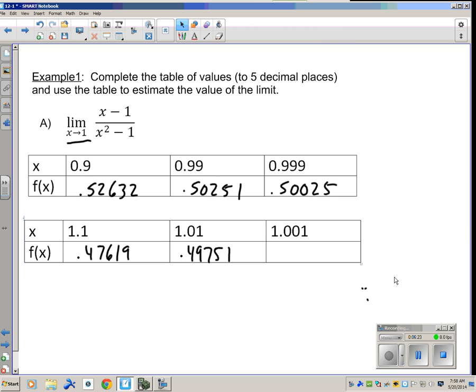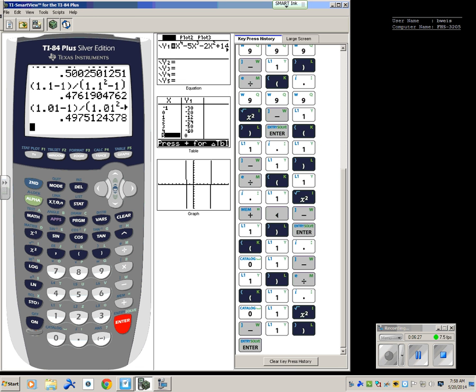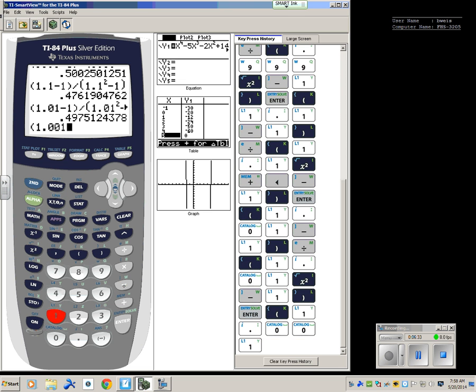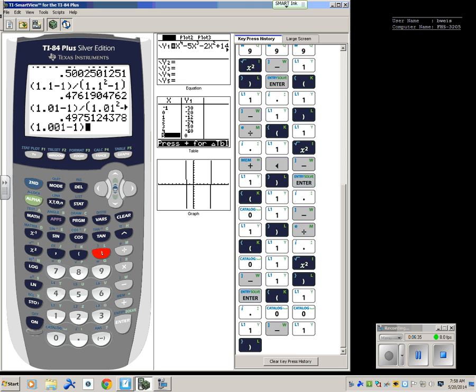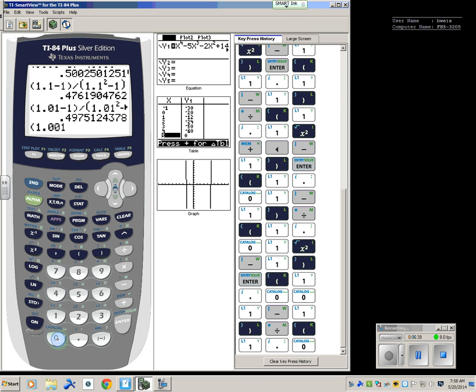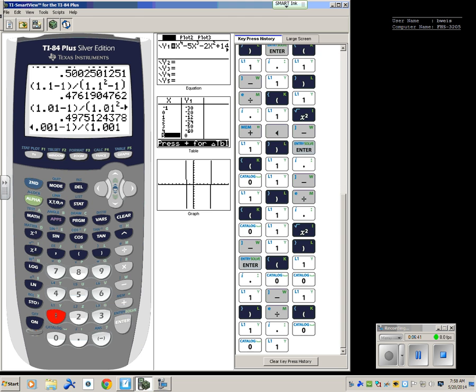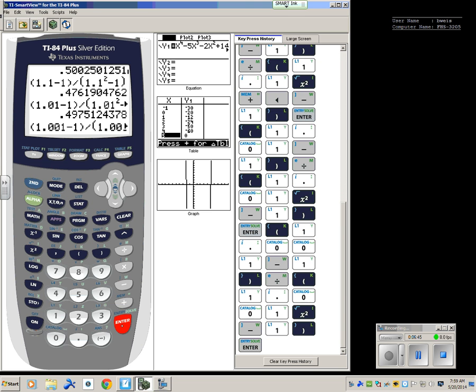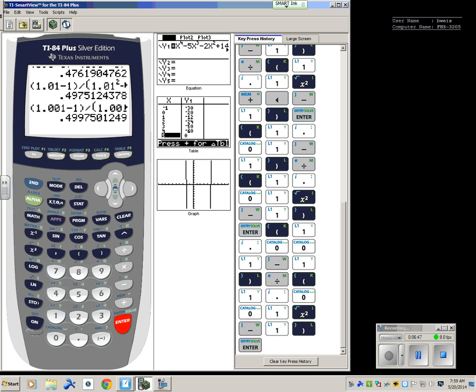And we got 1.001. Let's try that one. 1.001 minus 1 divided by 1.001 squared minus 1. 0.49975.